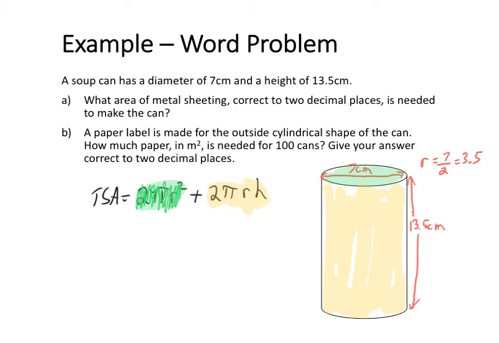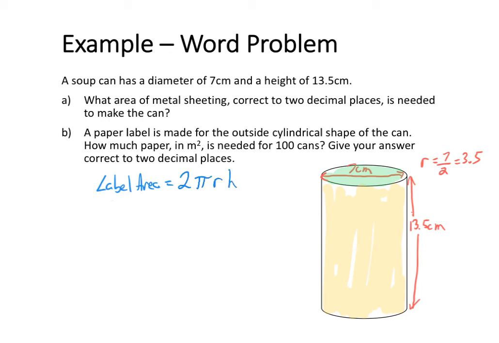So using that part of the formula, we can go ahead and calculate the area of the label. We can start off our calculations by writing down the formula that we're going to use. So label area equals 2 times pi times the radius times the height.